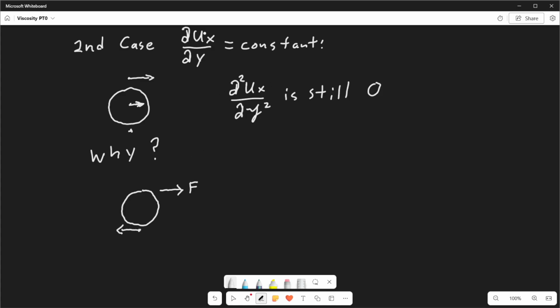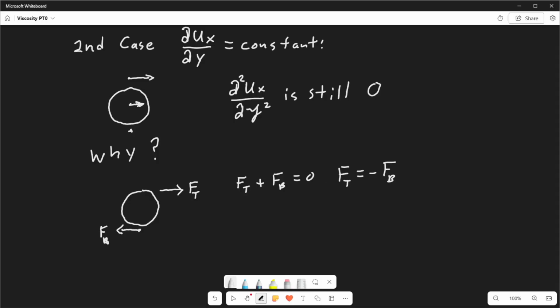And when this is constant, these forces are going to balance. So F top plus F bottom is going to equal 0 because F top equals the negative of F bottom.